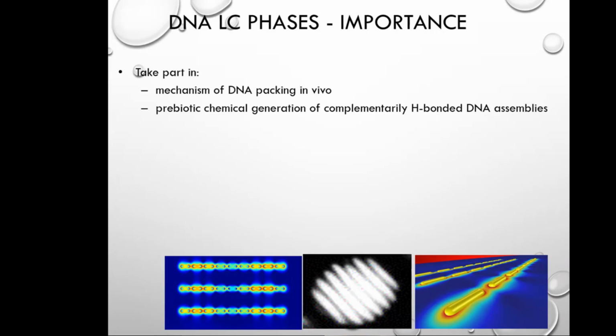Without this ability of forming lyotropic liquid crystals, it wouldn't actually be possible to fit all this material in the nucleus, the chromosomes, into very small structures, remembering the position of each base pair in the nucleus, because they are also responsible for the prebiotic chemical generation of the H-bonded DNA assemblies.